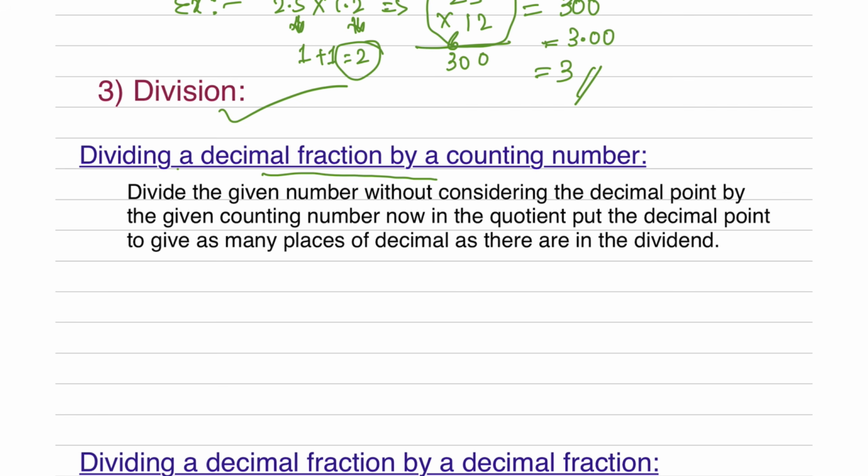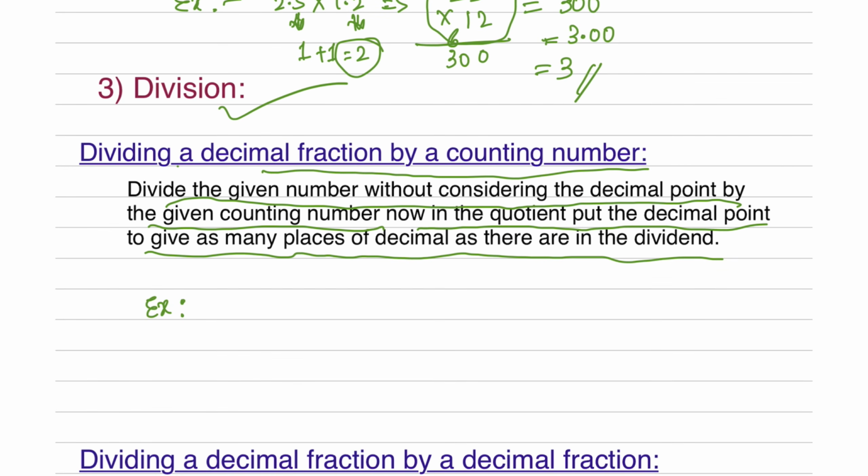Dividing a decimal fraction by a counting number, means by a whole number. Divide the given number without considering the decimal point by the given counting number. Now in the quotient put the decimal point to give as many places of decimal as there are in the dividend. So you will understand this with one example.